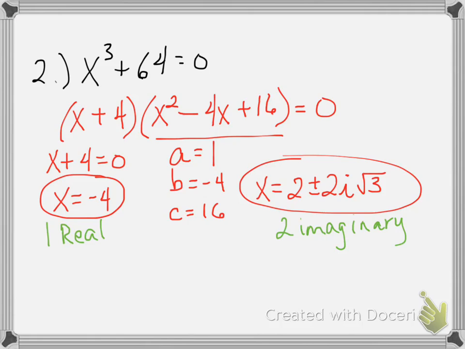I'm going to move on and show you number 3. You will notice on number 3, neither one of these are perfect cubes. 2 is not a perfect cube, and neither is 54. Okay? But the first thing I want you to think of, anytime you're solving a polynomial, is there a common factor that you can divide out?